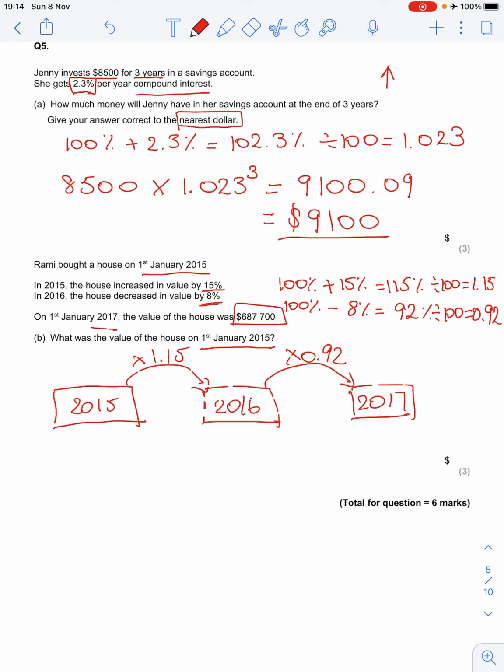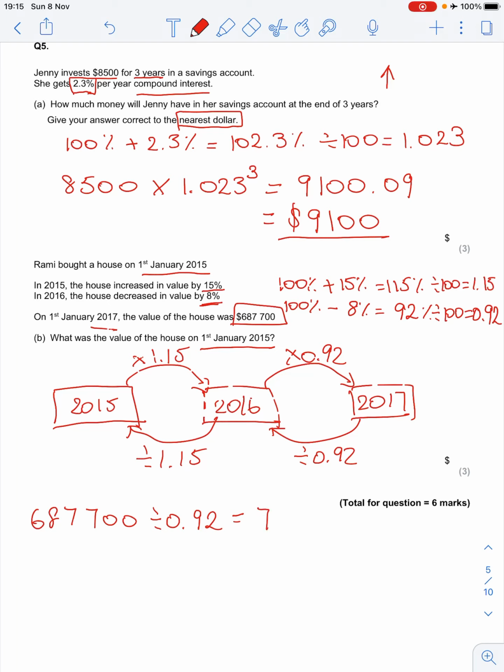So we want to find the value in 2015. So we're just doing the reverse. We divide by 0.92, then we divide by 1.15. So the value in 2017 was 687,700. We divide by 0.92, which gives us the value in 2016. This is 747,500.